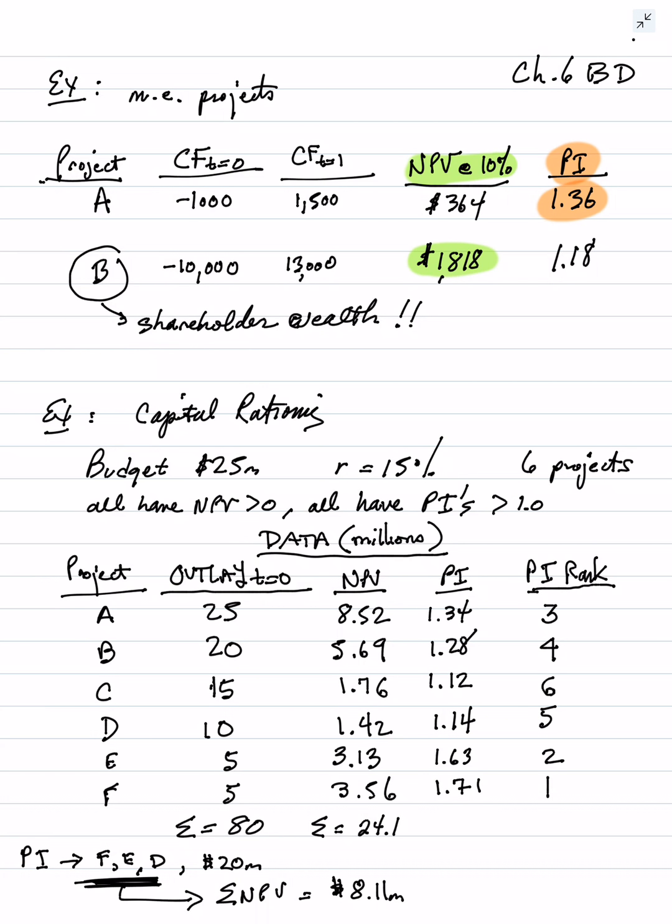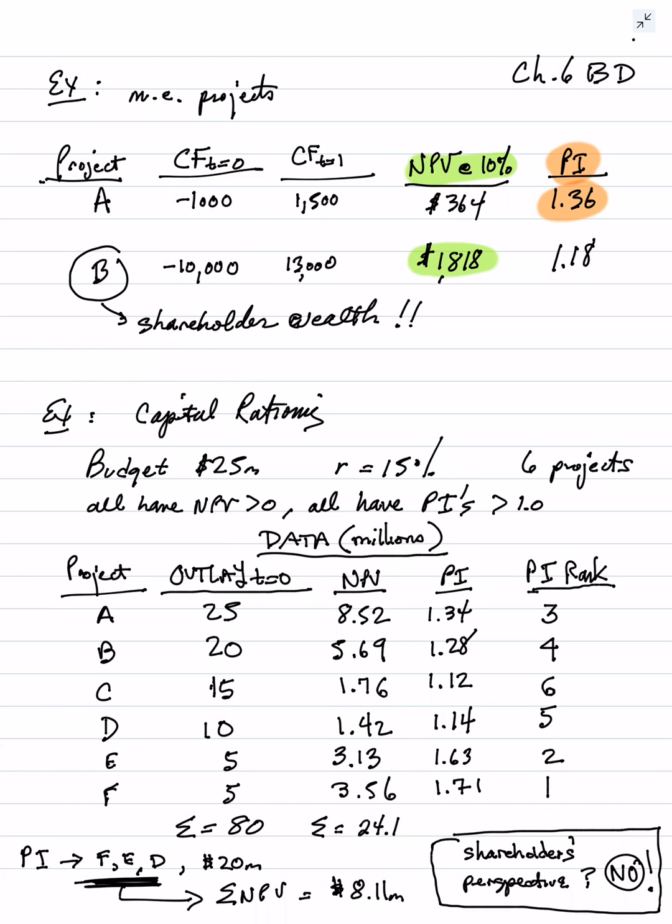So did the PI ranking method select for us the best set of projects from the shareholder's perspective? And that's what matters here. We'll say, well, the shareholder's perspective, is this set of projects the one that they would like? The answer is no. No, no, no. They don't want that arrangement.